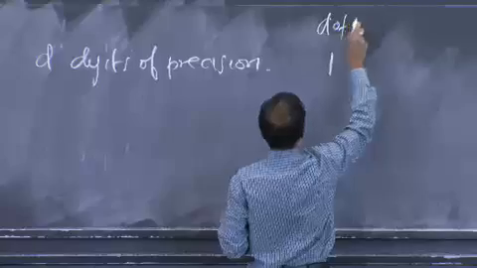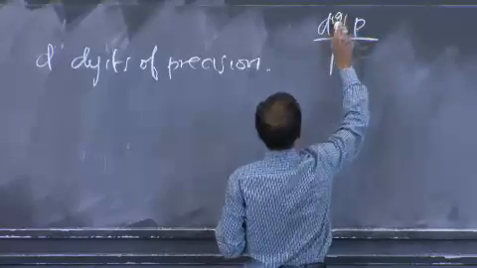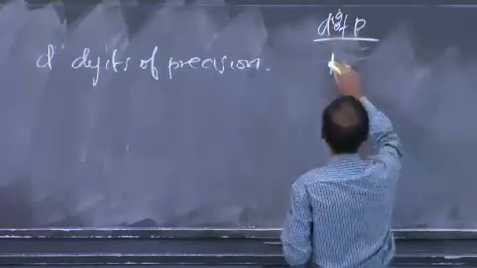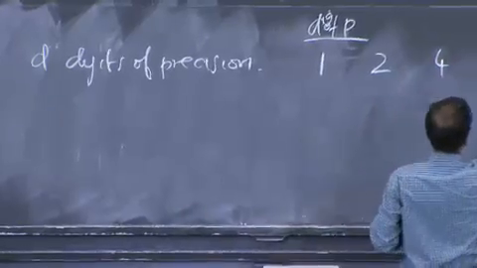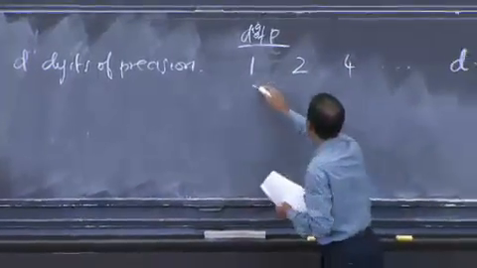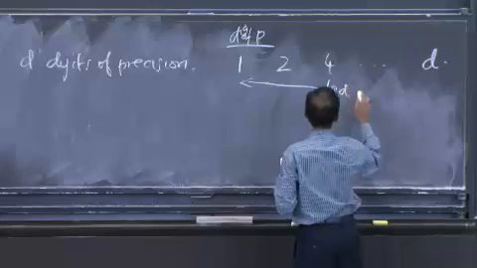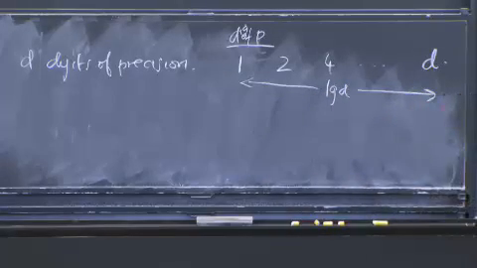So if this is the digits of precision, I start with 1, 2, 4, and I end up with d. And our claim was that this was log d iterations.